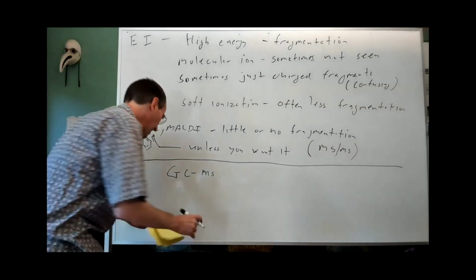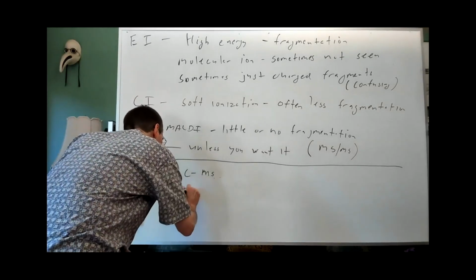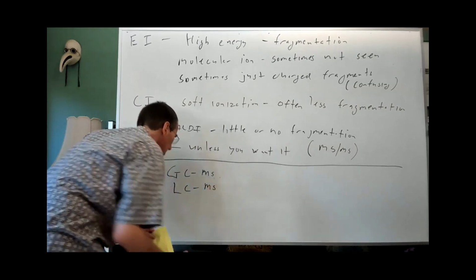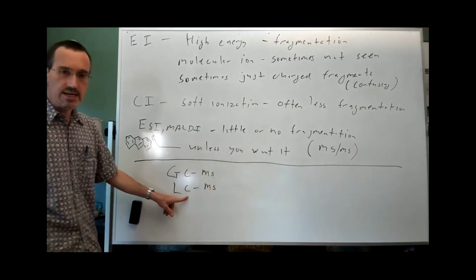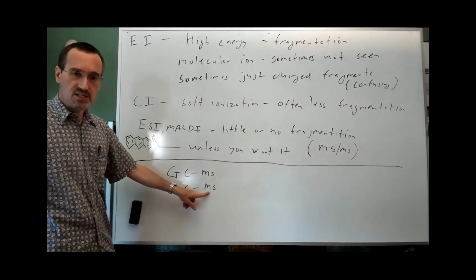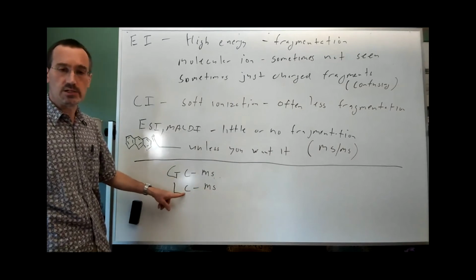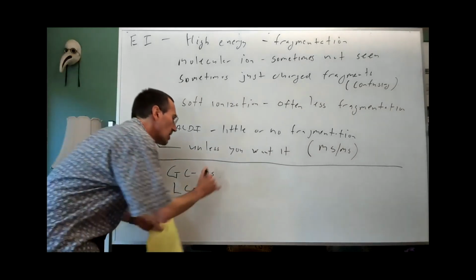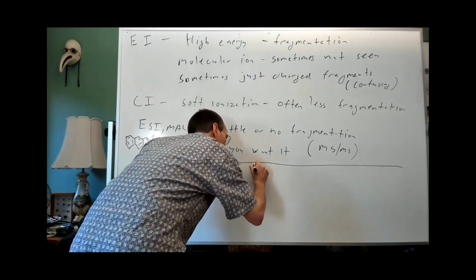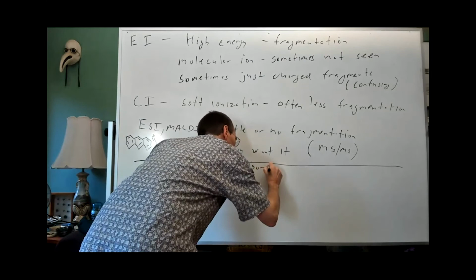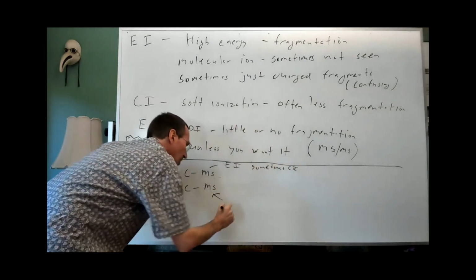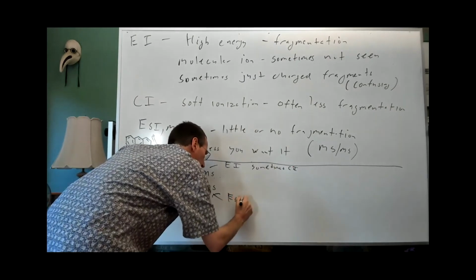The other hyphenated technique, which you will have good access to, and you have access to GC mass spec there, is LCMS, where you're running HPLC or UPLC coupled with mass spec. Your molecule's already in solution phase. And so I'm going to just write, GC works well with EI and sometimes CI. And LC works very well since it's already in solution.